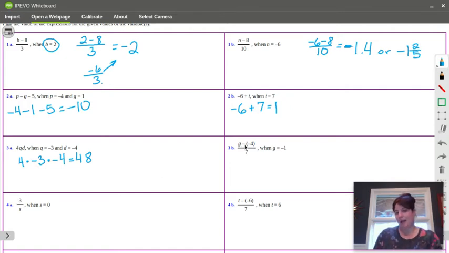All right, how about this one? G minus -4 divided by 7. Now here we see a little bit of funky symbols. They're putting these parentheses here just so you can definitely see that this is a negative number. It's the same as if they wrote G minus -4. That's okay too, but they like to put the parentheses in there so that you can differentiate that this is a minus sign, this is a negative sign. Okay, so G equals -1.